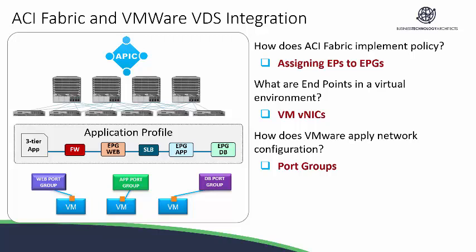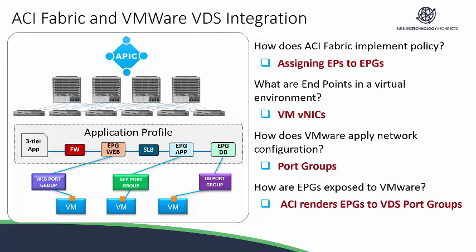It will be a pool of VLAN tags, because remember, the VLAN is locally significant inside the fabric, but it has no tie-in to the actual endpoint group. The EPGs are exposed to VMware as distributed virtual switch port groups. So all we do is we establish a management connection to vCenter, and then we copy the port group down.